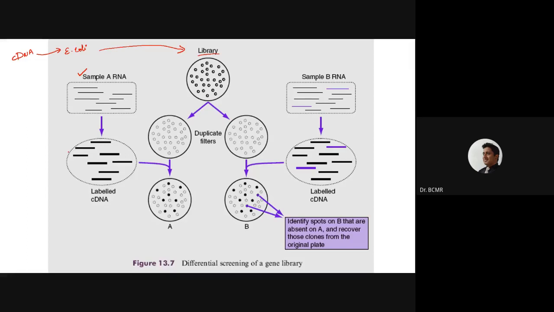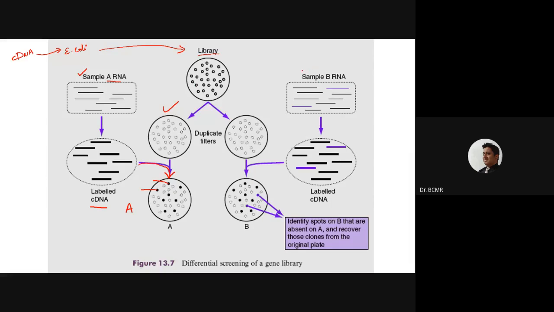expressed in A alone. If you focus on this part, you take RNA and convert it into a cDNA library, and then you do a colony hybridization technique. Whichever colonies have given positive signals are expressed in A. That is pretty straightforward and simple.